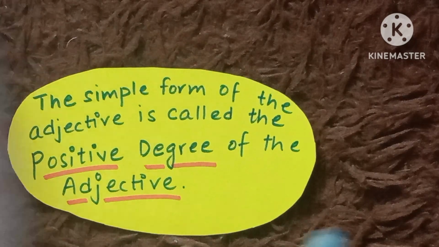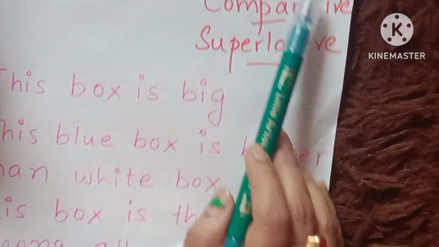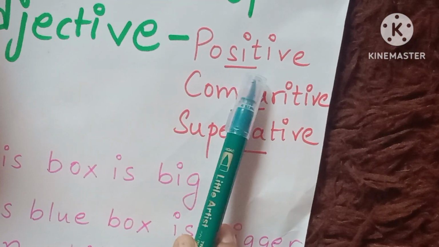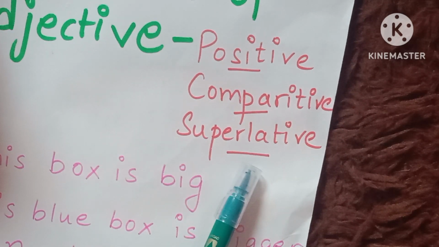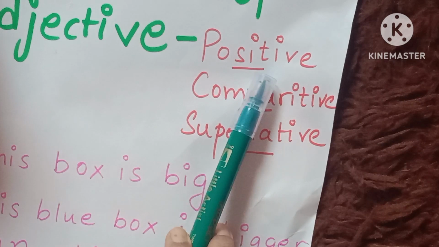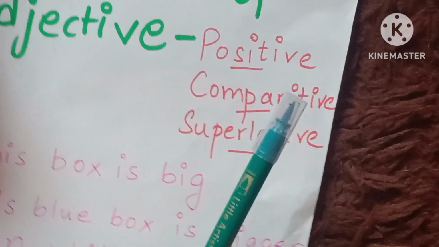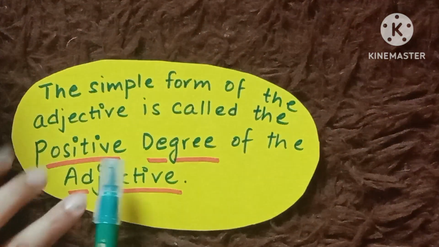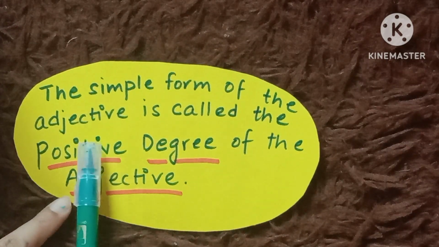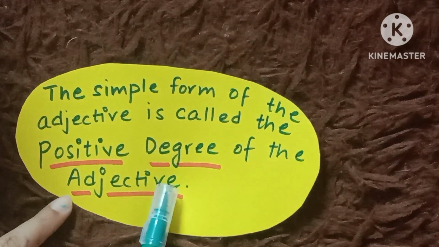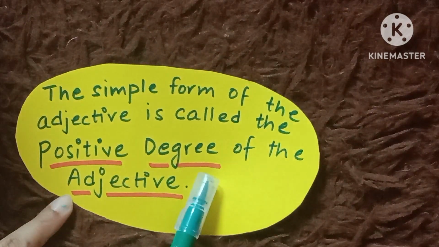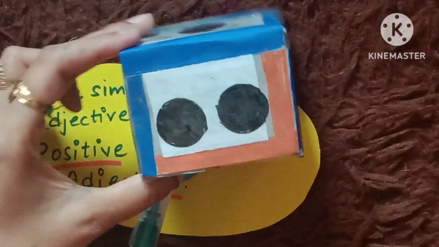We have three forms of degrees of adjective: positive, comparative, superlative. So the positive is when there is no comparison, the simple form of the adjective, the word big.